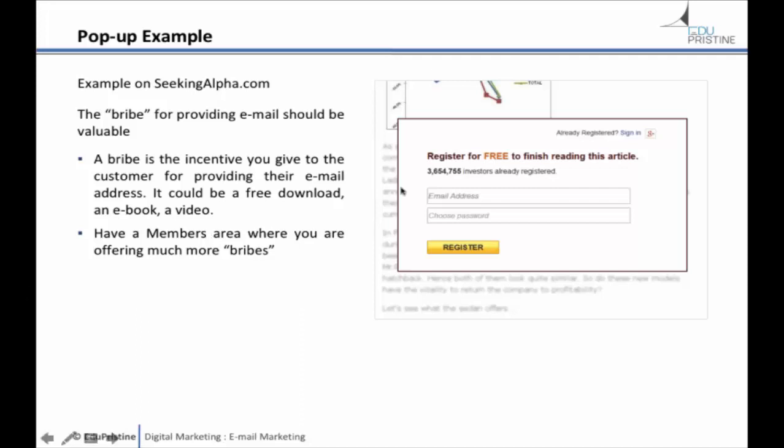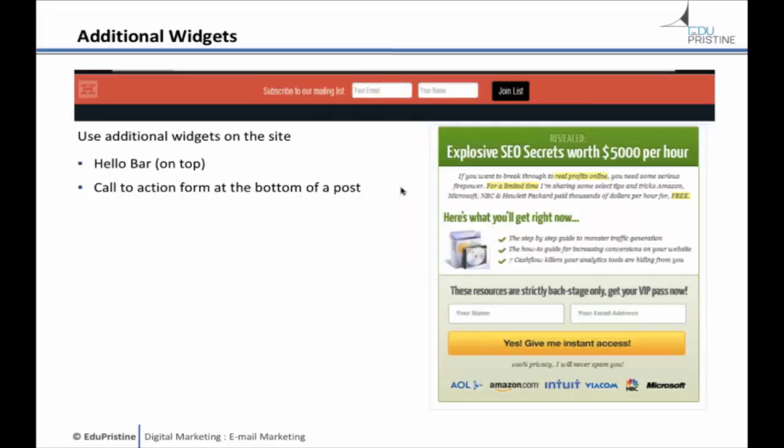Additional widgets. This is something that we saw, right? Here at the top, you see your email and your name, say join list. On the right-hand side, there's a widget. So use additional widgets on the site: a hello bar at the top, a call to action form at the bottom of a post.